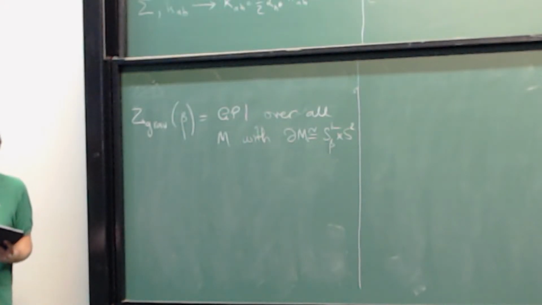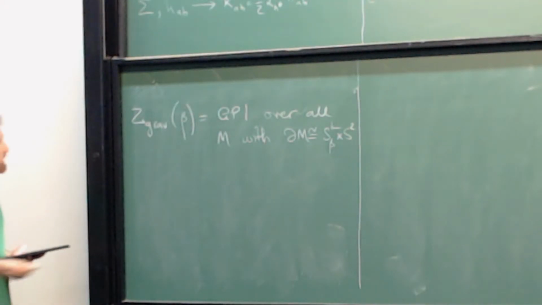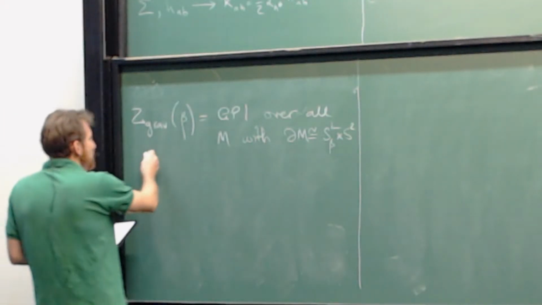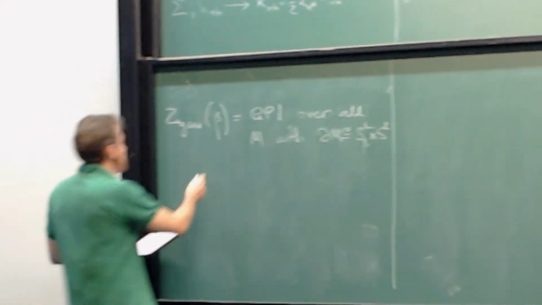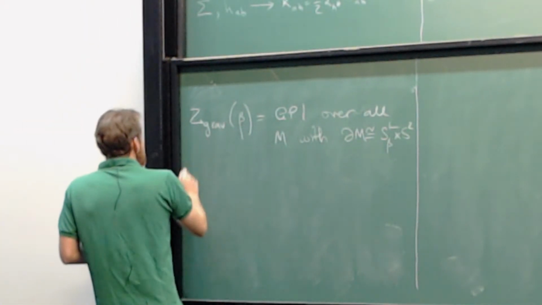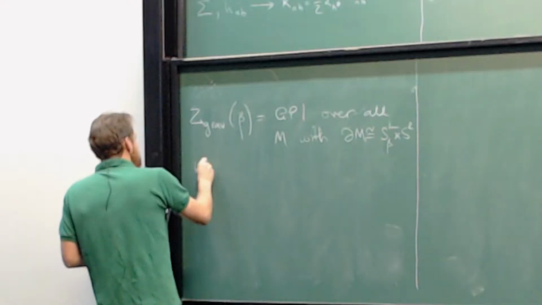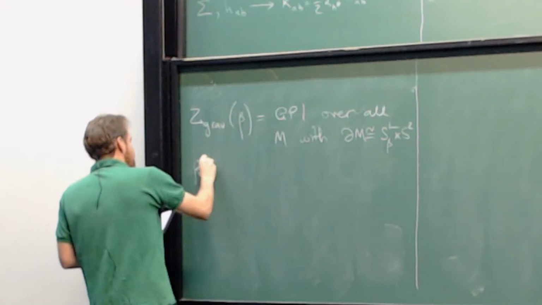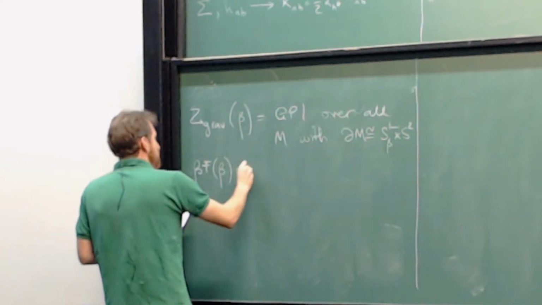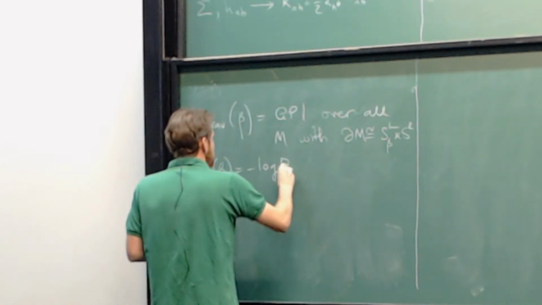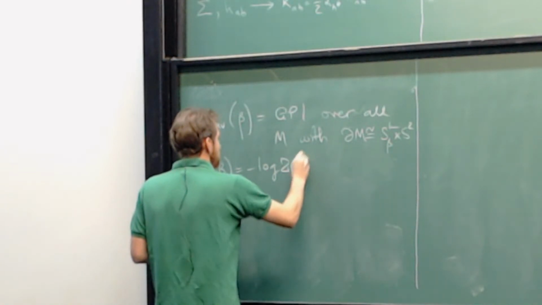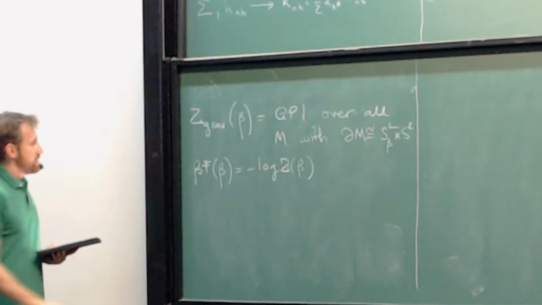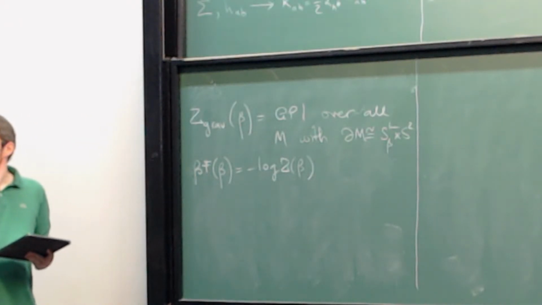But really the state function in the canonical ensemble is the free energy. What's the relation between the free energy and Z grav? It is Z grav equals e to the minus beta F, where F is the free energy of my system.